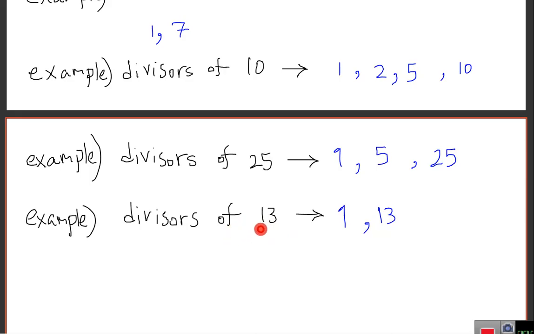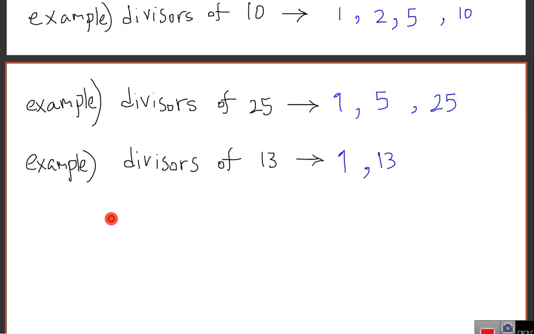Of course, we don't need to go until 13, because it is not divisible by 2, 3, 5, and 7. It is enough that we can say it is a prime number. It has only 2 divisors, 1 and itself. Okay, so let me count some prime numbers for you.